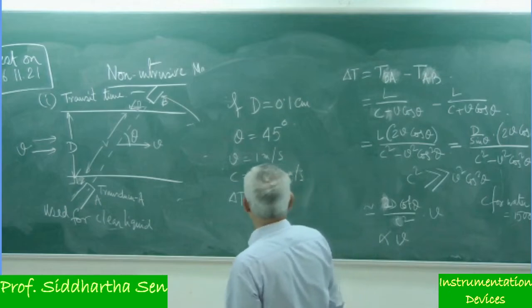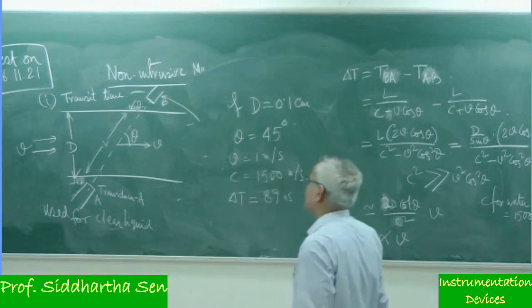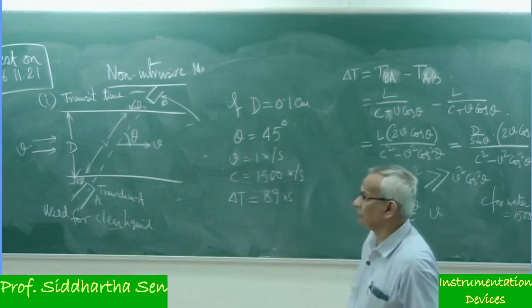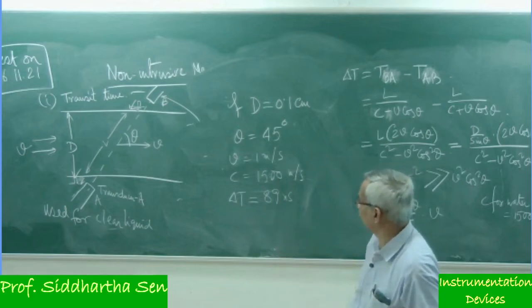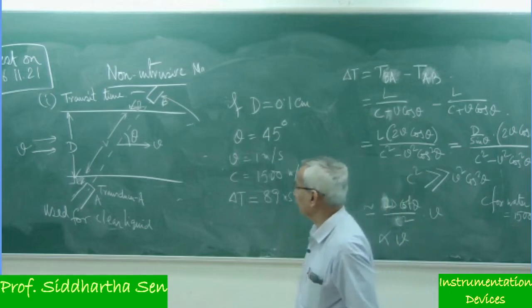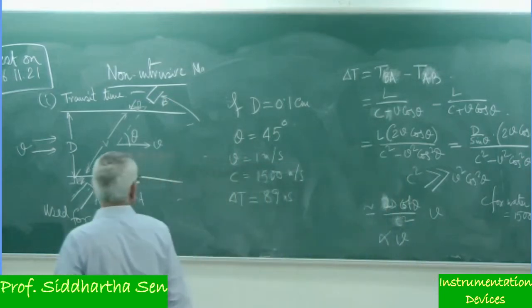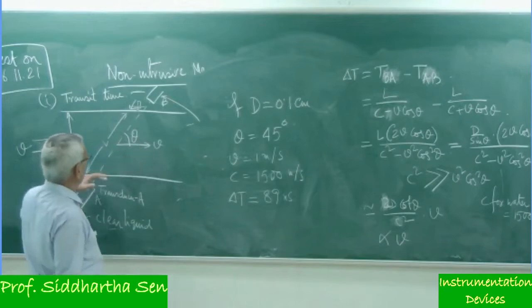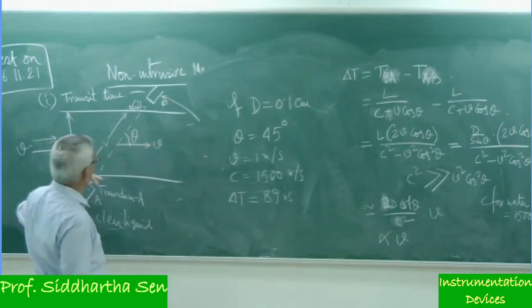So very fast counting is required, and we require a very elaborate setup. We can think of how to measure this fast counting. It is very difficult. We can increase the time a little bit if we make theta smaller, so that it will take more time to pass.